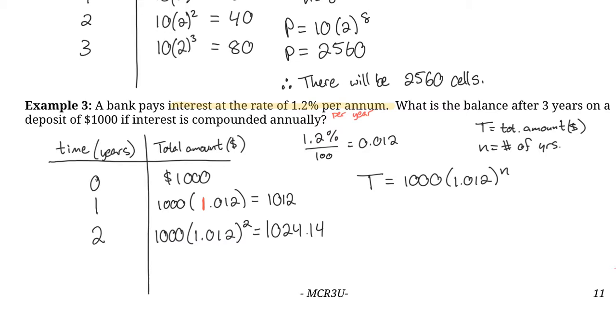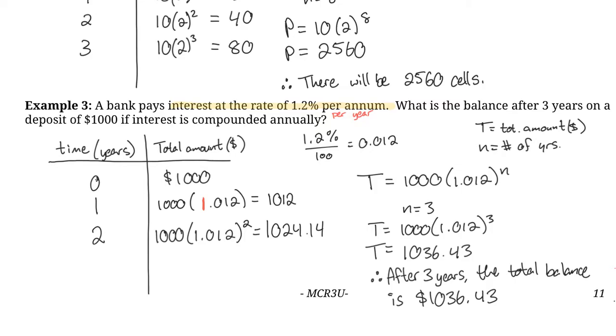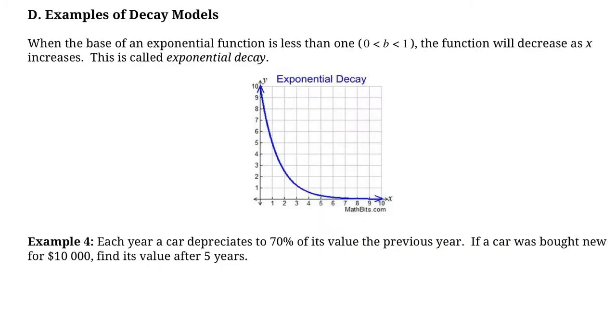So that means in this equation, we need to put n equal to 3. So when we plug that into the calculator, we're going to get that t, our total amount, is equal to $1,036.43.